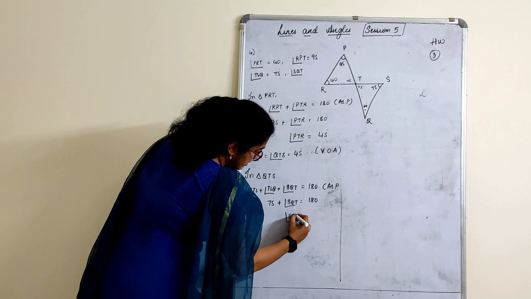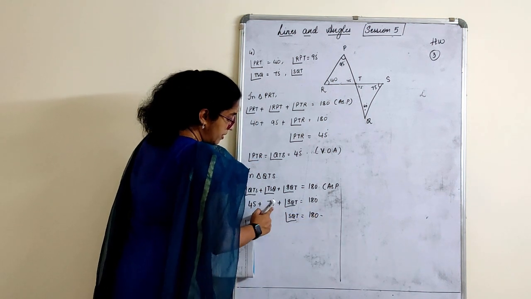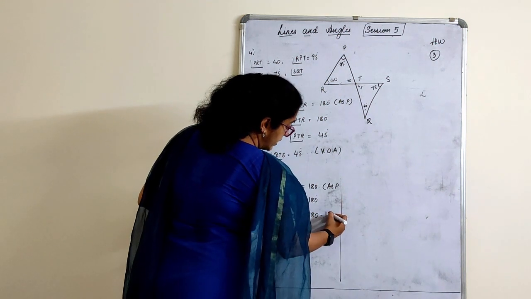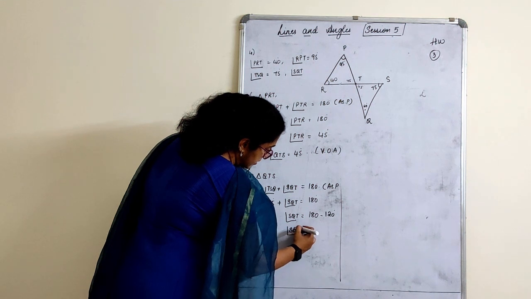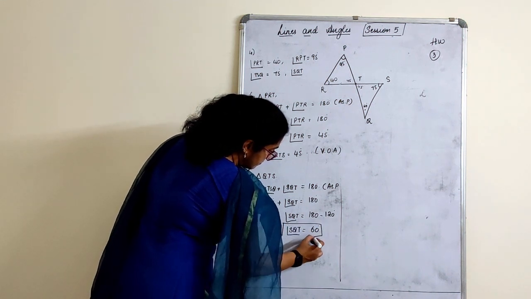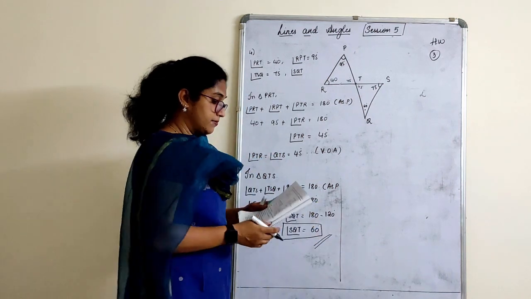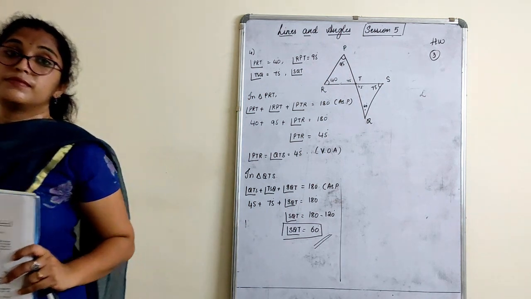So angle SQT is equal to 180 minus (45 plus 75), you will get 120. 180 minus 120, angle SQT is equal to 60 degrees. Right? So similarly, we'll start the next one.